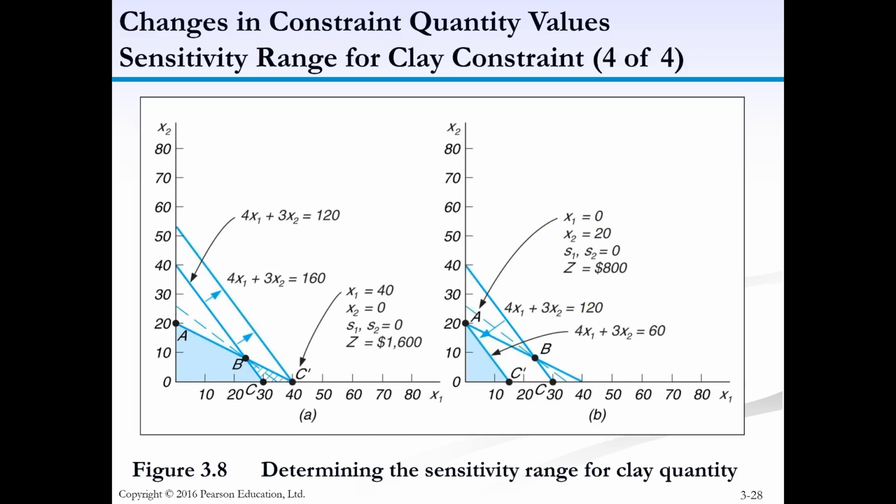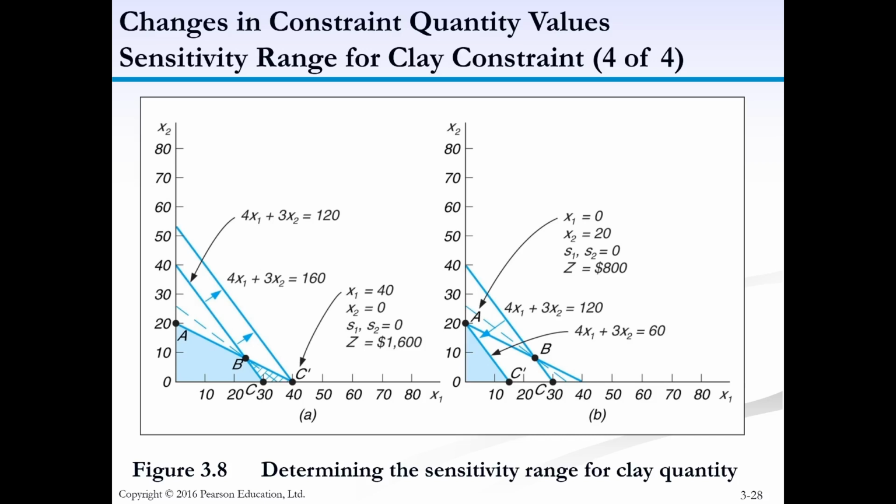Now this is the second constraint, and we want to establish how much the right hand side value can change without changing the optimal basis. Again, we move this by increasing.